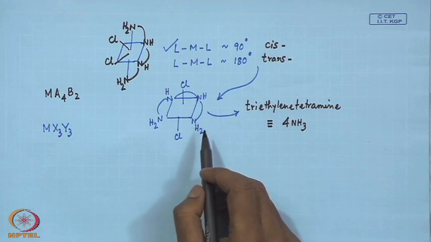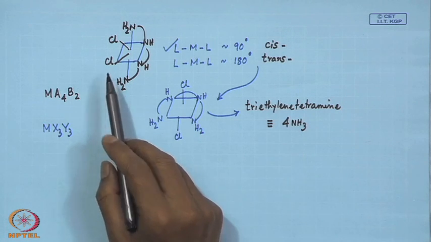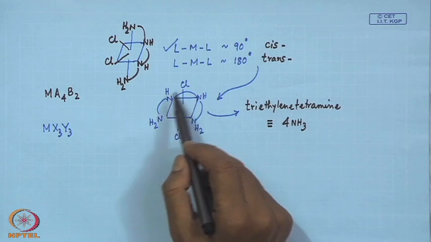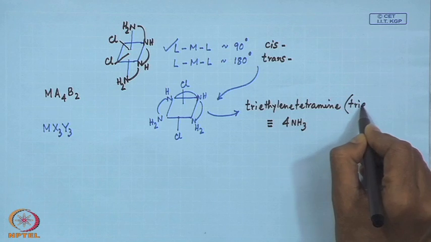So in this case we can have the 4 ammonia molecules and 2 chlorines, or we can have 2 chlorine atoms and the chelating triethylenetetramine ligand, which is also known as trien.